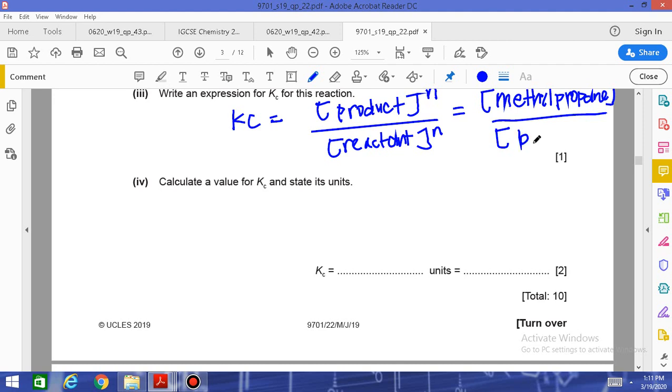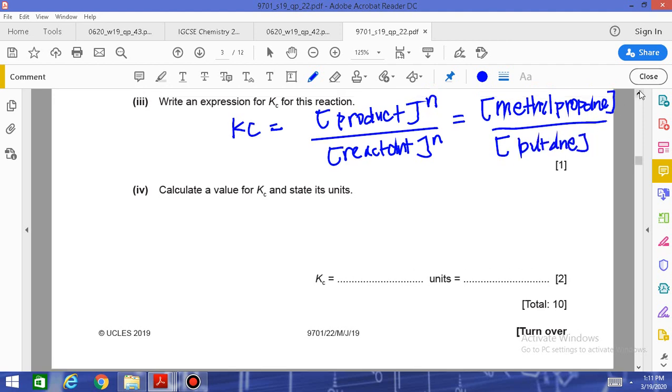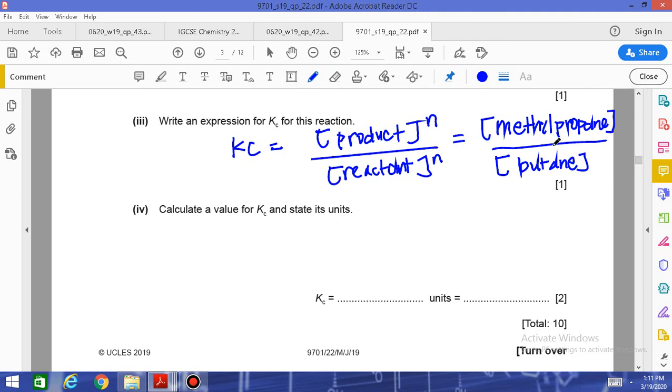The reactant is butane. You may write the chemical formula, or not the chemical formula because they have the same molecular formula, the structural formula. That's okay if you want to write the structural formula.